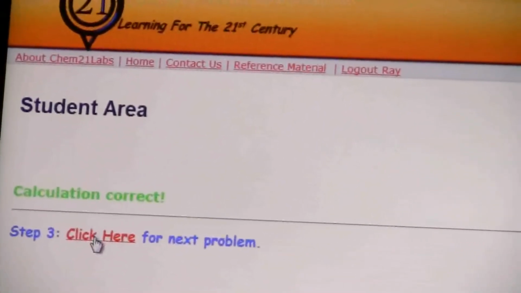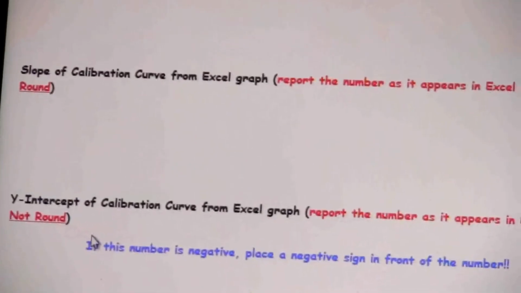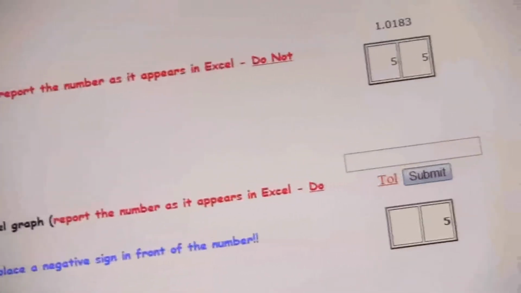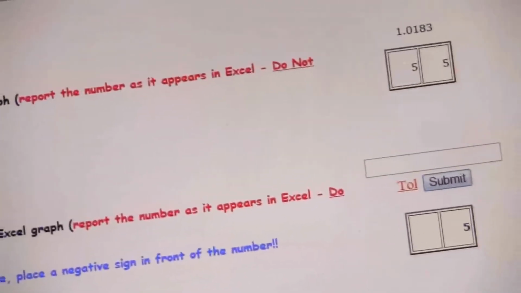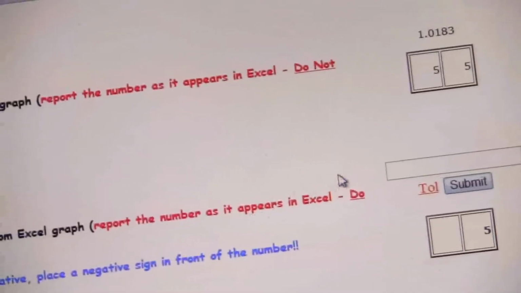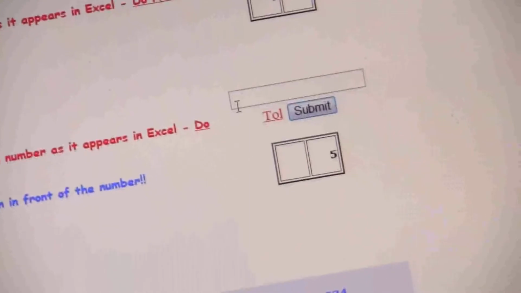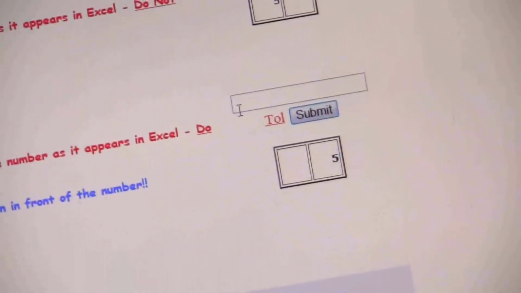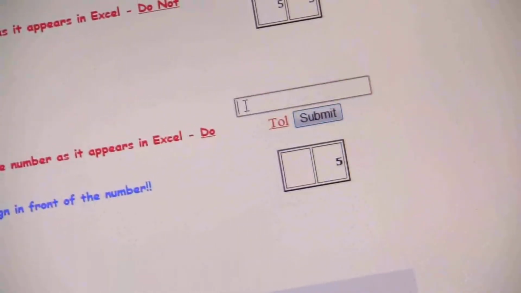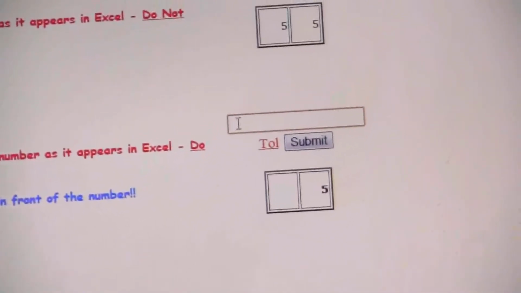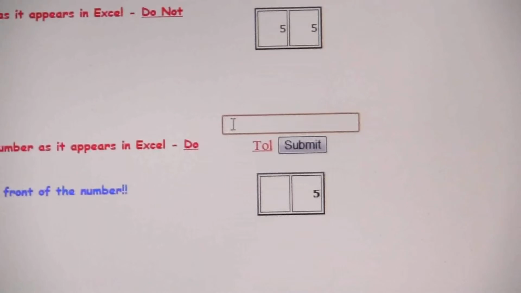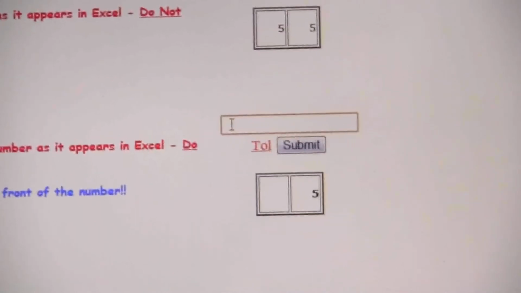Okay, so then you can click there for the next problem, and it scrolls down to the next place, and now you can go on to the next problem. Okay, so you kind of just go on through each problem by problem until you get through to the end.